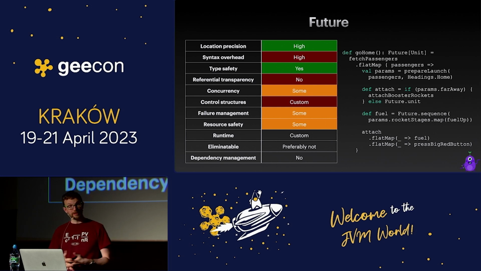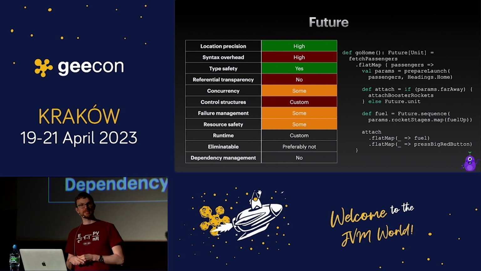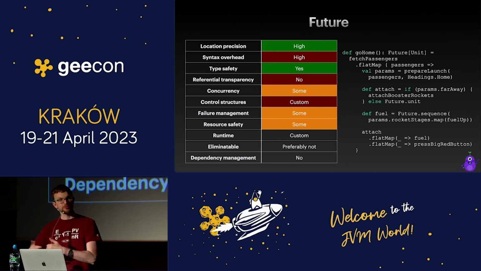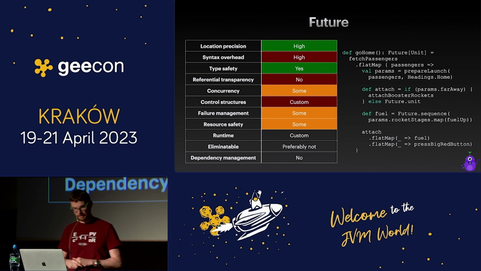Again, we get some failure management, quite similar to what we had with checked exceptions. And as for resource safety, we do get some resource safety, but we inherit the same problems as before. We can still open a resource outside of a controlled block, and the compiler won't say anything.